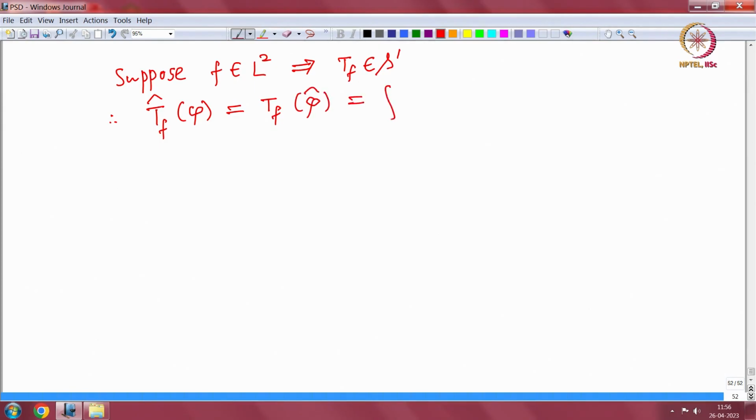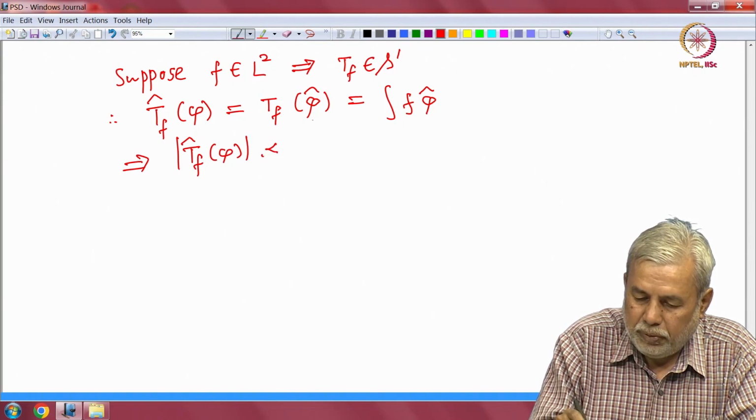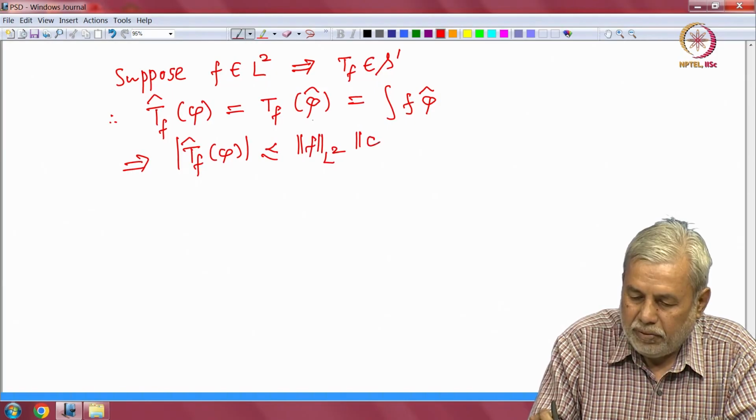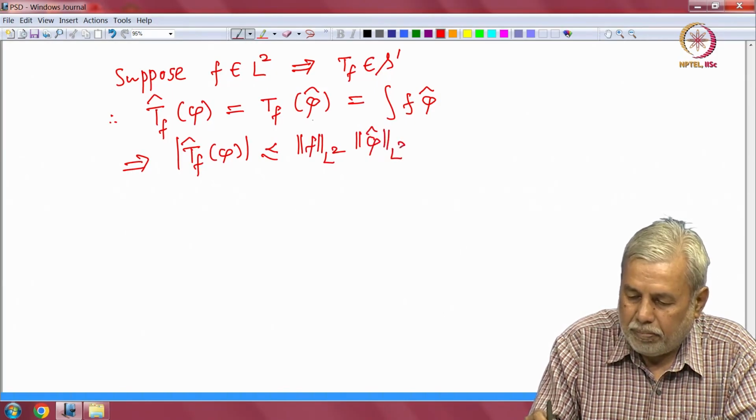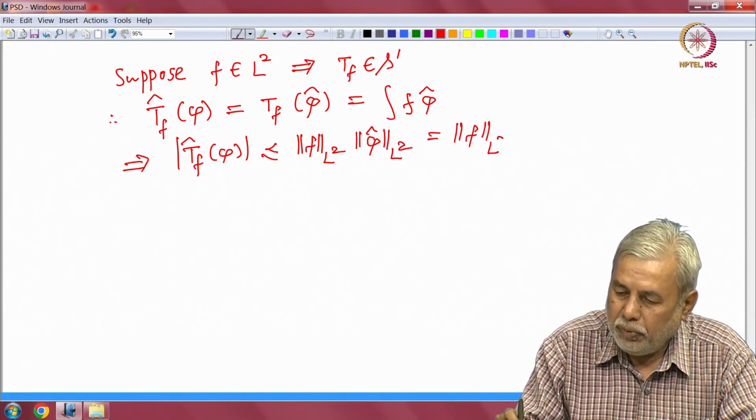Okay. So, now f is in L2, phi hat is in S, so phi hat is also in L2. So, this implies |T_f hat(phi)| is less than or equal to the L2 norm of f times the L2 norm of phi hat. But by Plancherel relation, we have this, it is very important.